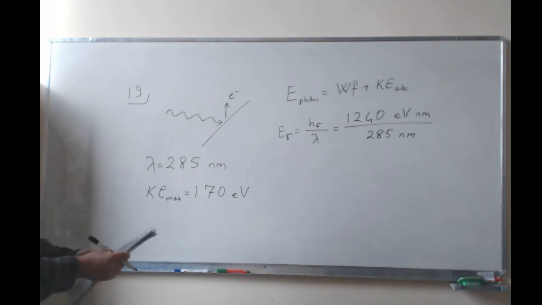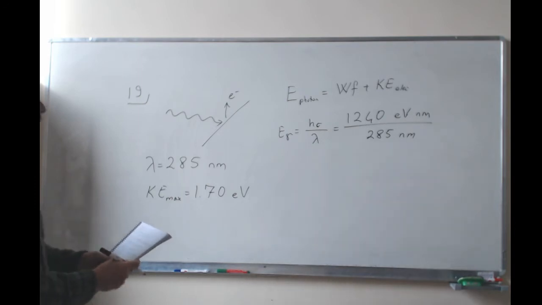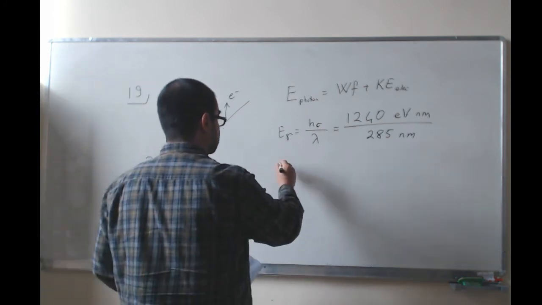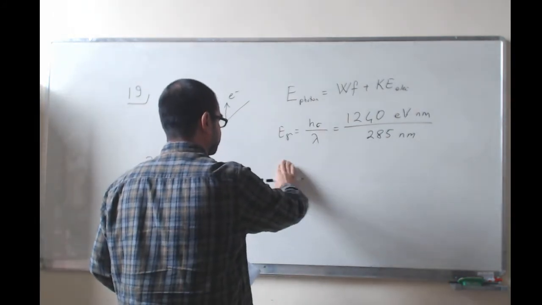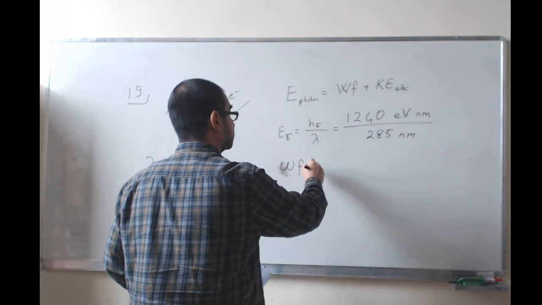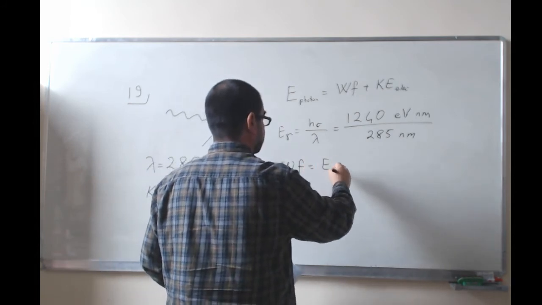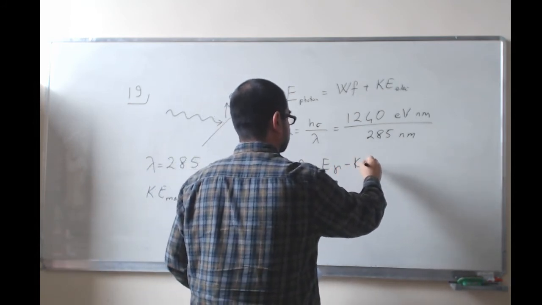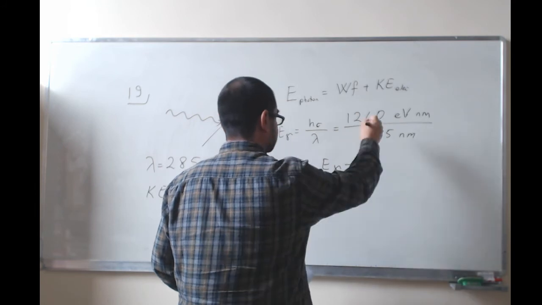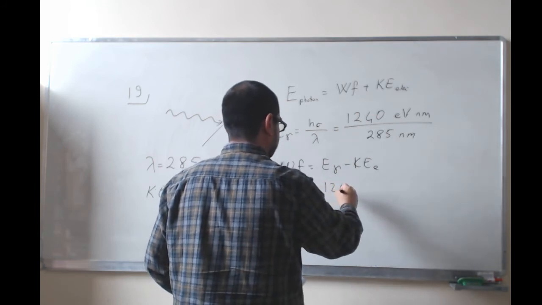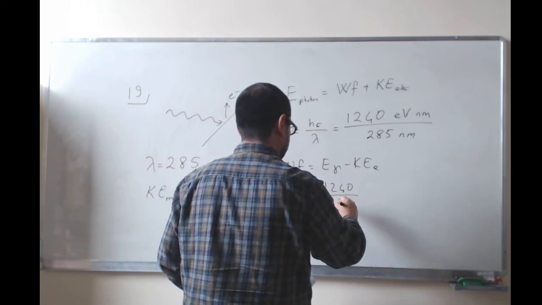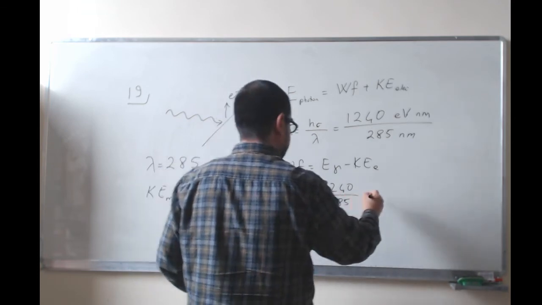Right, so you divide this out, and then from this you're going to subtract off the kinetic energy of the electrons, sorry, to get the work function. So what's being asked here is going to be the photon energy minus the kinetic energy of the electrons. So it's 1240 over 285 minus 1.70.